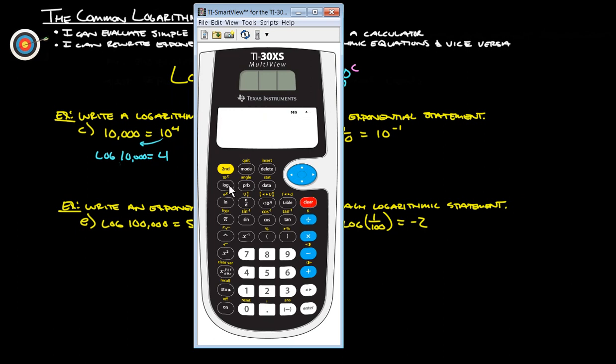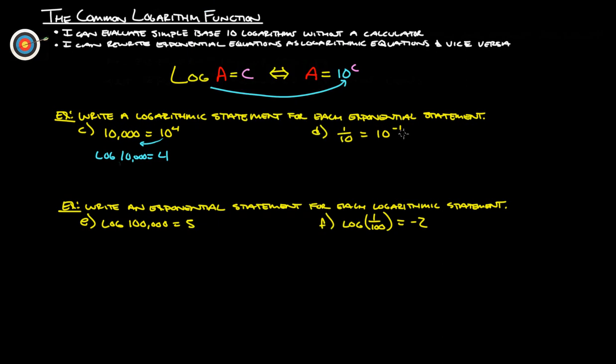So just to show you, we're going to go over this in more detail later, but if we do log 10,000 on the calculator, push equals, and we get 4. So look, log 10,000 equals 4. Okay, this one here, same idea. The 1 pushes the 10 down underneath, so we get equals -1. This 10 goes down here, so it's basically log base 10, but we don't have to write it.